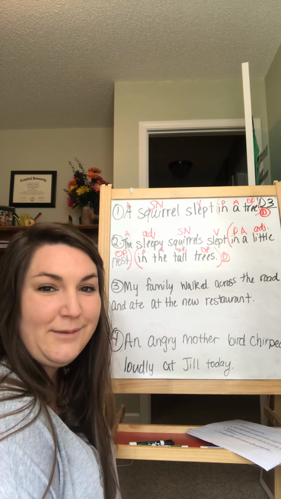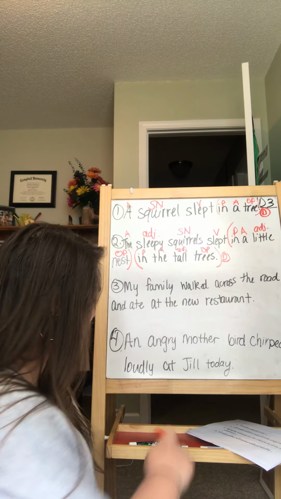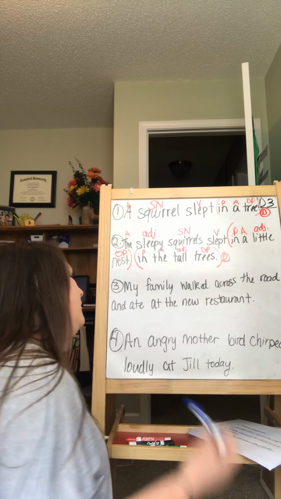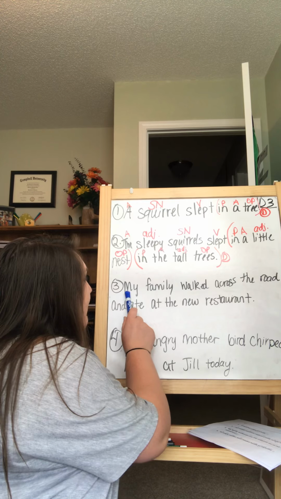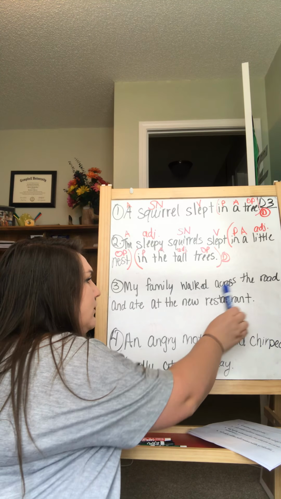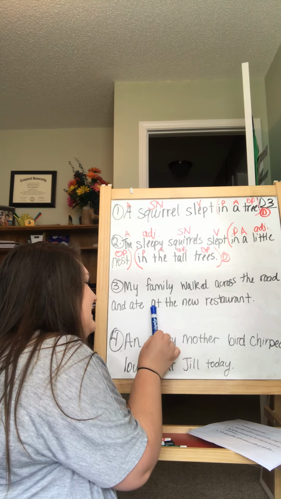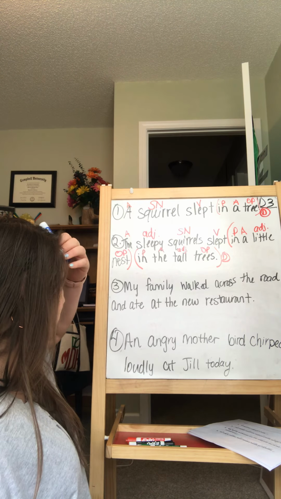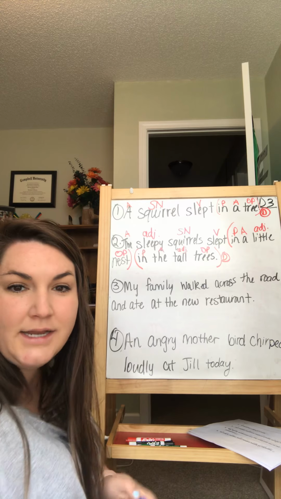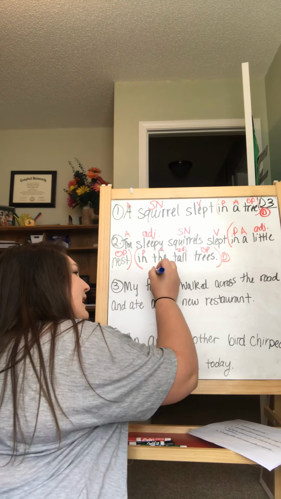Number 3, here we go. My family walked across the road and ate at the new restaurant. Read that with me. My family walked across the road and ate at the new restaurant. We say, who walked across the road and ate at the new restaurant? Family, subject, noun.